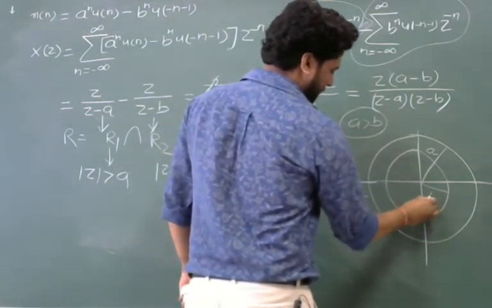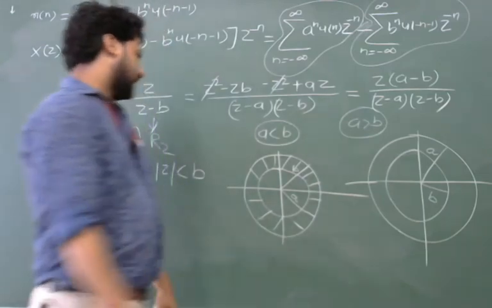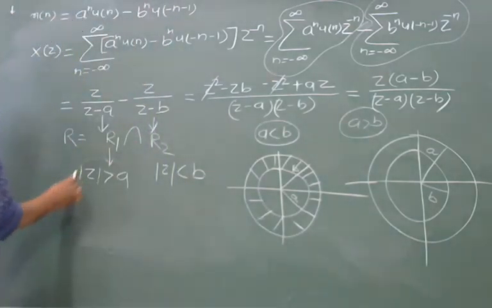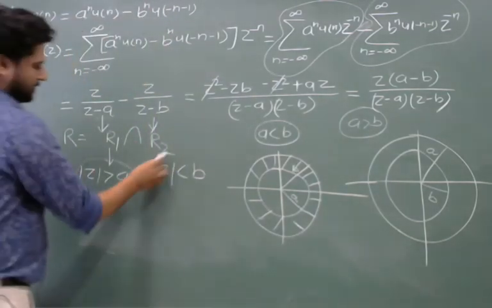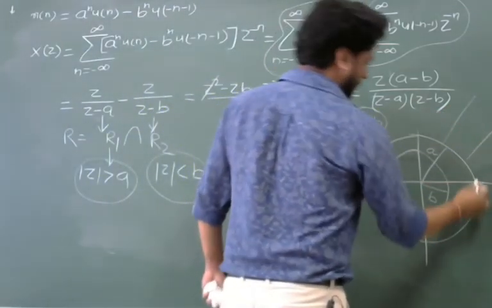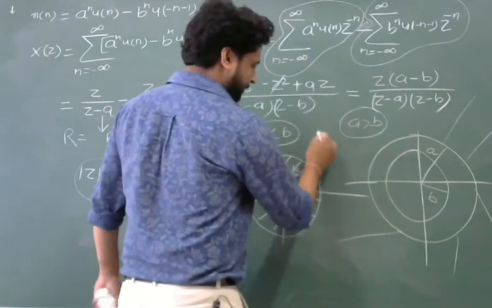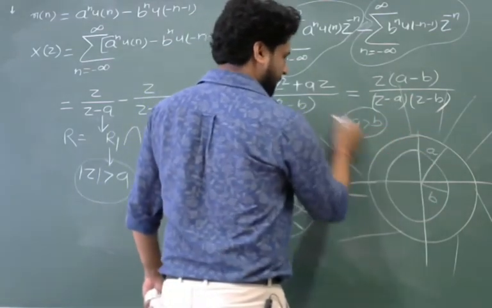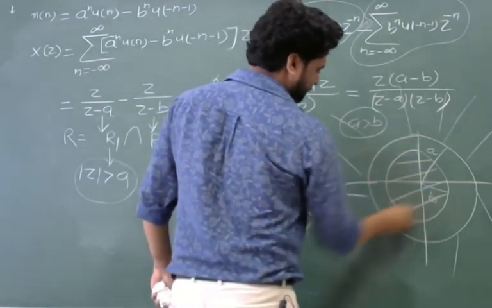So this is another case. For this case, z should be greater than a and z should be less than b.